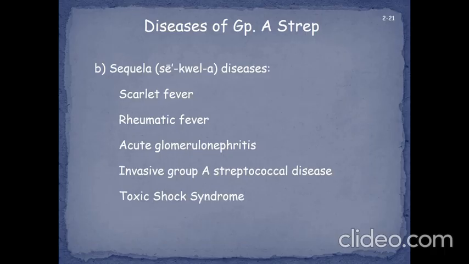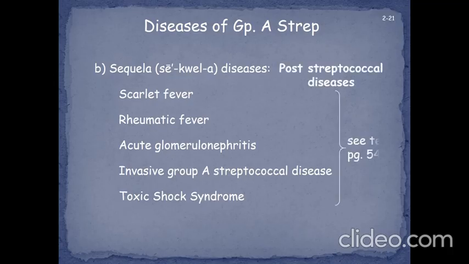The second major group that we're going to go over is the sequela diseases. Sequela diseases are also known as post-streptococcal diseases. So sequela diseases, post-streptococcal diseases, same thing. If you can see in there, it's got the word sequel, kind of like a sequel of a movie.